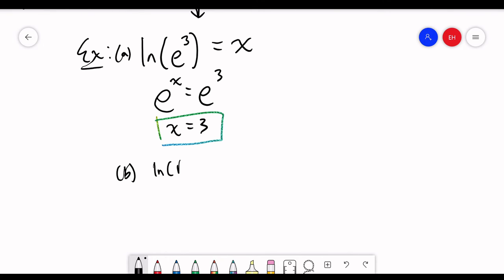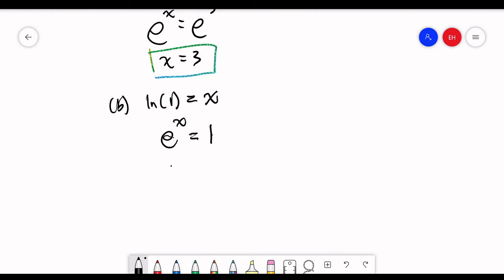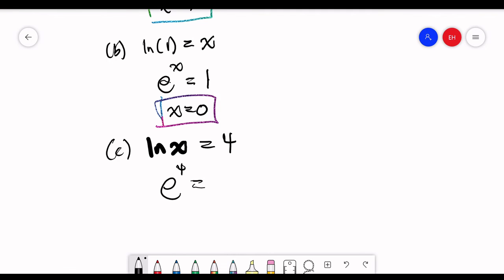Pause, think if you can figure it out. I would transform: e to the x, because the log is equal to the exponent, equals 1. After some thought, x has to be 0 for e to the 0 power to be 1. Box that answer. Last example: ln of x equals 4. I transform it: e to the exponent 4 equals x, and I put that in my calculator and get 54.5982.